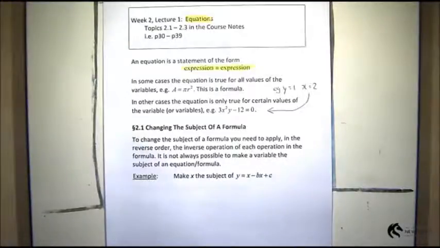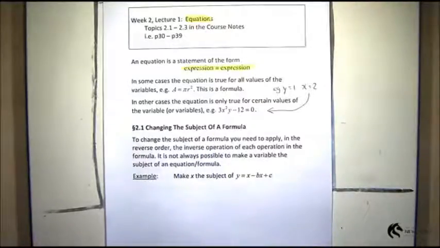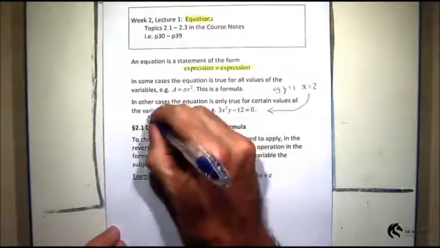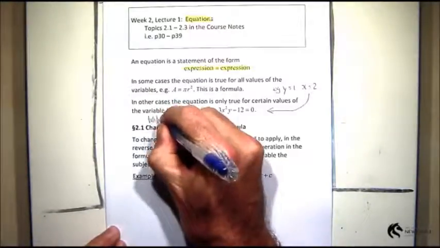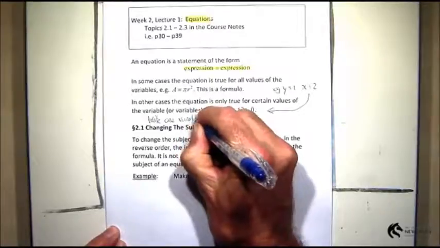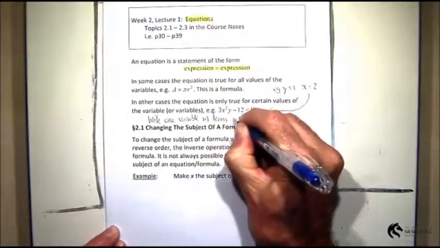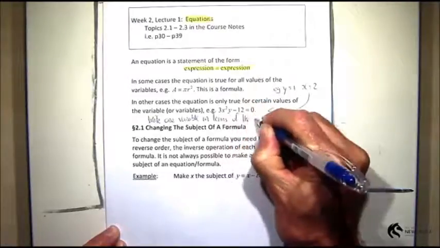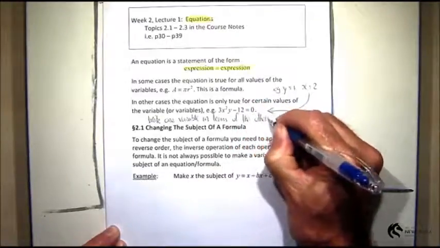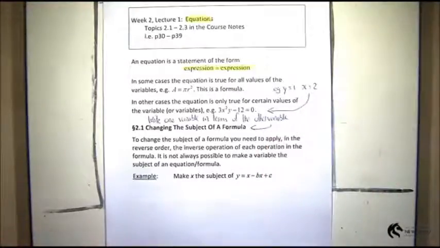But before we do, one of the things that we might want to do is change the subject of a formula. So what we mean by that here is we want to write one pronumeral or one variable in terms of the other variables. That's what we mean by make the subject of.